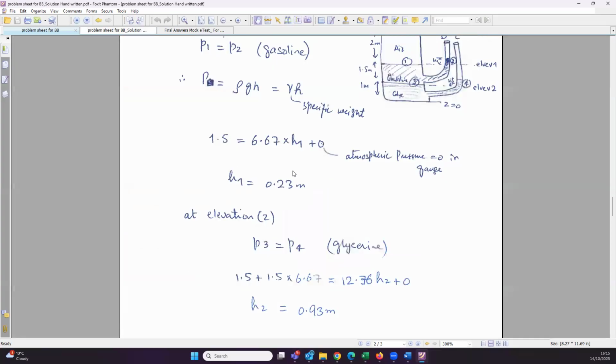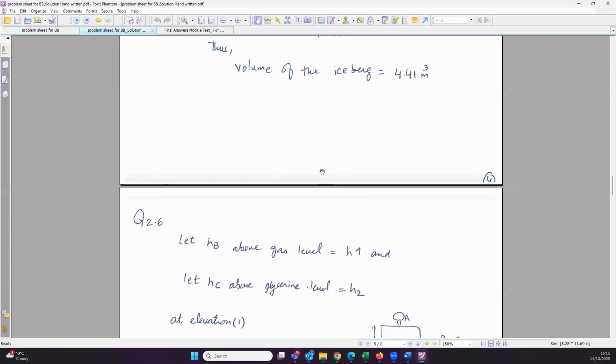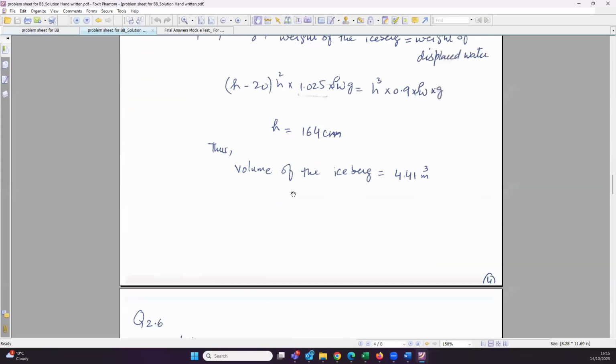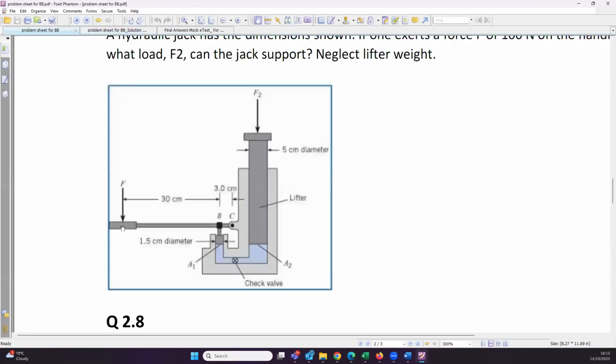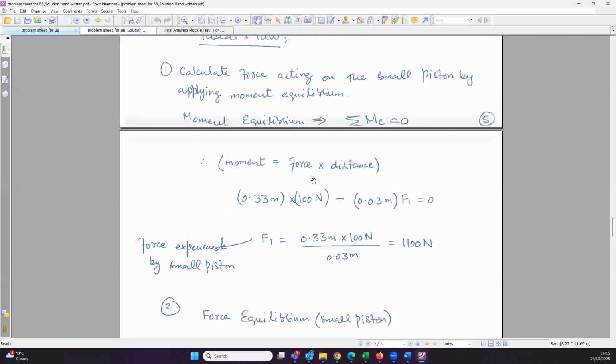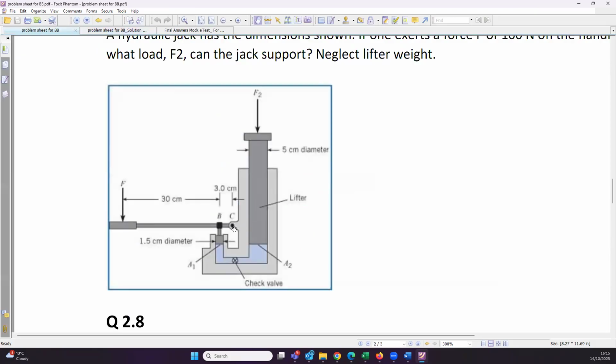Now if you look at the solution, that's maybe more clear now to you guys. It's 2.7. So this is the moment that you are applying at point F, that was the point here, that is 100 Newton. And this is the force that is negative to it because of point C being pivoted.